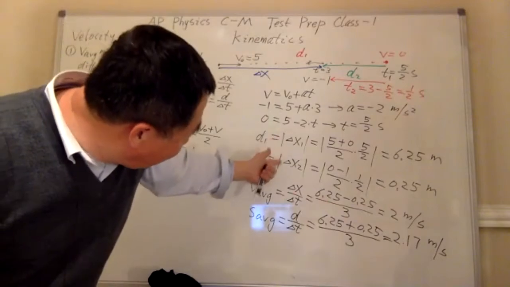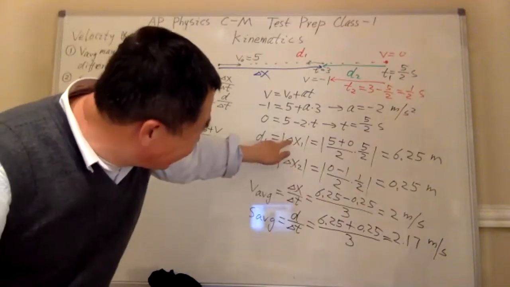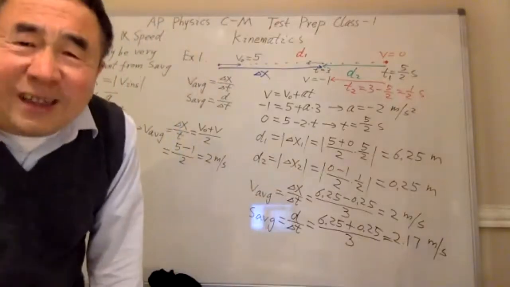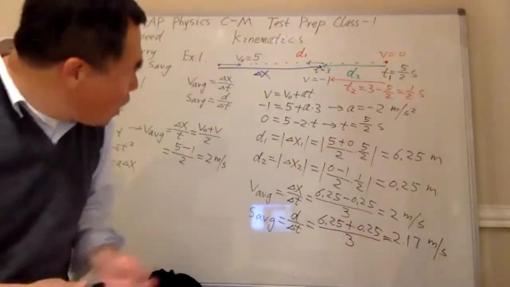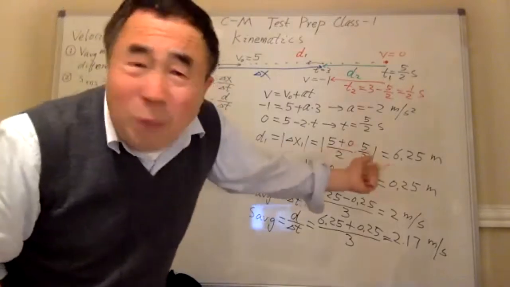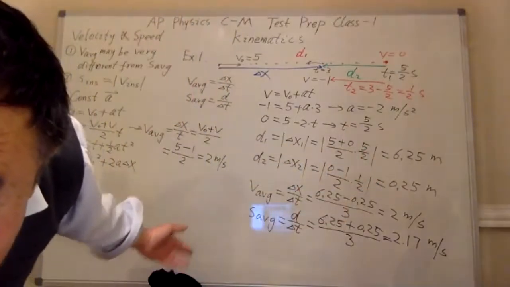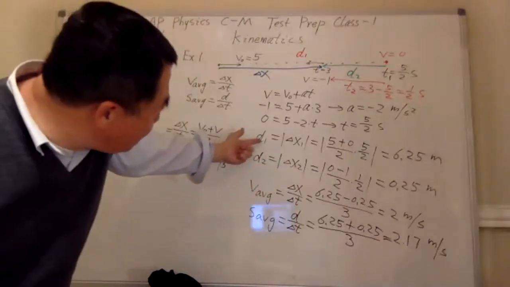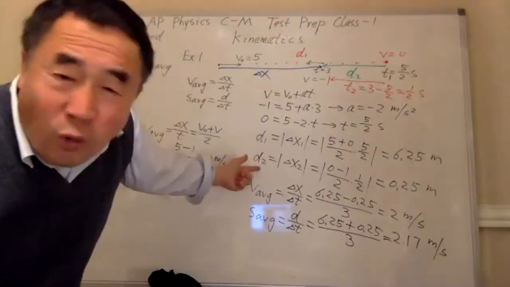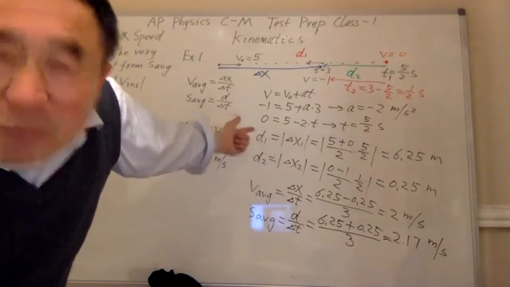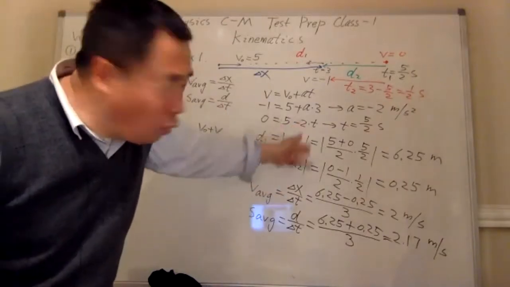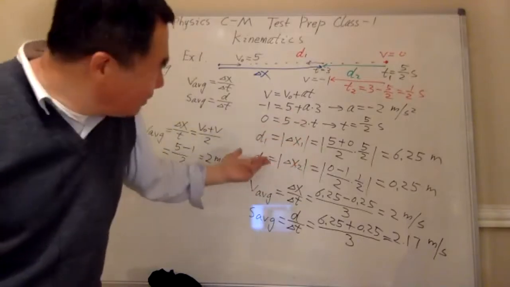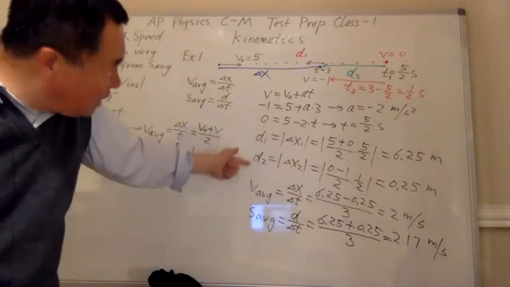I take the D2, I also take the absolute value because delta S means displacement. Displacement is a vector, may be positive or negative, but the distance is always positive. Make sense or not? That's one student asked me, this D2 should be positive or negative? I said D1, D2 means distance. Distance is the absolute value of the magnitude of displacement. So that's always a positive value for distance.